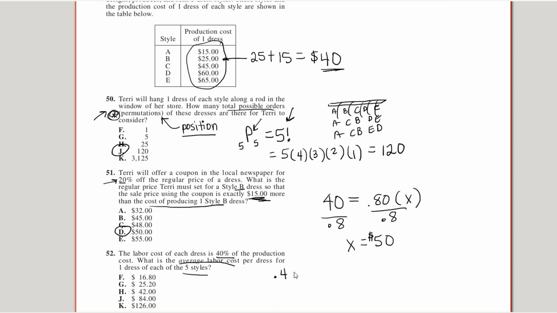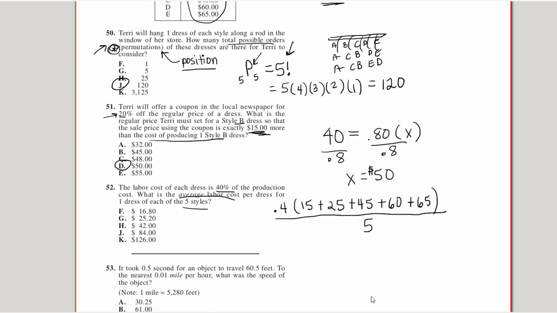So 40% of the 15 plus 25 plus 45 plus 60 plus 65, that's going to give us the total labor cost of all 5 styles, but I want an average, so I'm going to divide by 5, and when I put that into my calculator, I get the average labor cost to be $16.80, which is answer choice F.